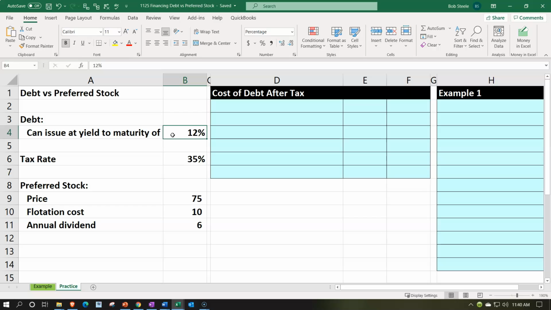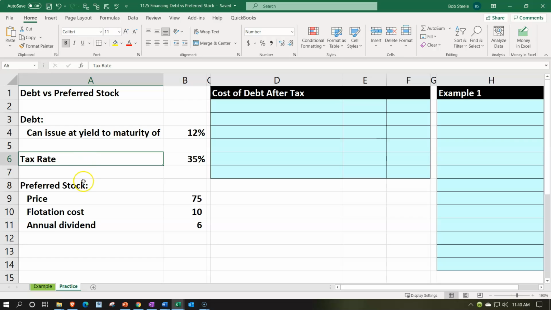That's the one that we can use with our normal debt calculation to then take into consideration the impact of the tax. Note what we're not doing is putting in a dollar amount here. We're doing this with just the basic percents, comparing the debt financing and the equity, in this case the preferred stock. Tax rate then is 35%.